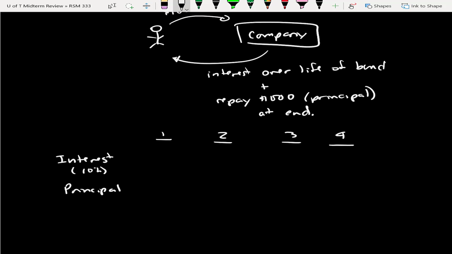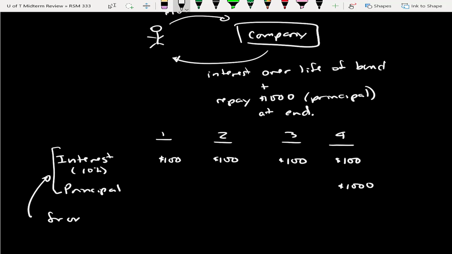So what ends up happening is the company will pay you $100 per year for 4 years. This is the life of the bond, and at the end they'll pay you your principal back. Okay, and this is from the investor's perspective. So this is cash flow that you will receive.